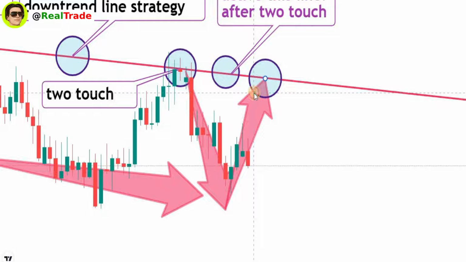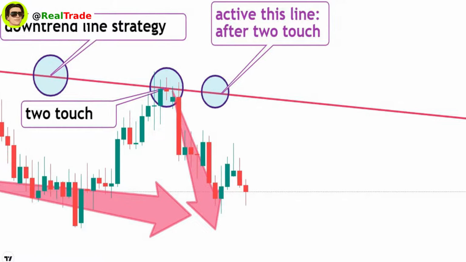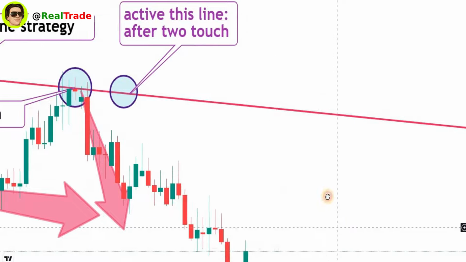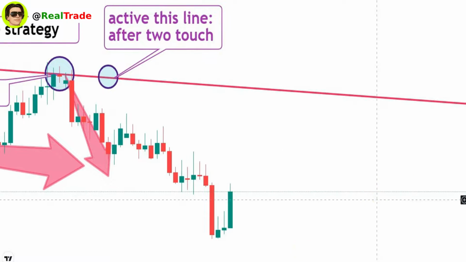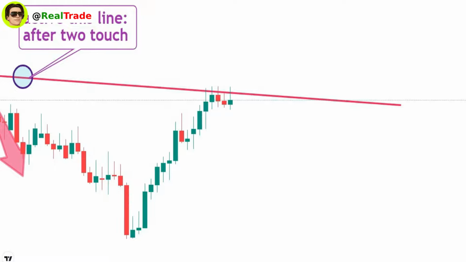At this point I wait for the price to come back and go sell. I wait for the price to return. Price comes and touches the line. Yes, this point has a third touch on the line.